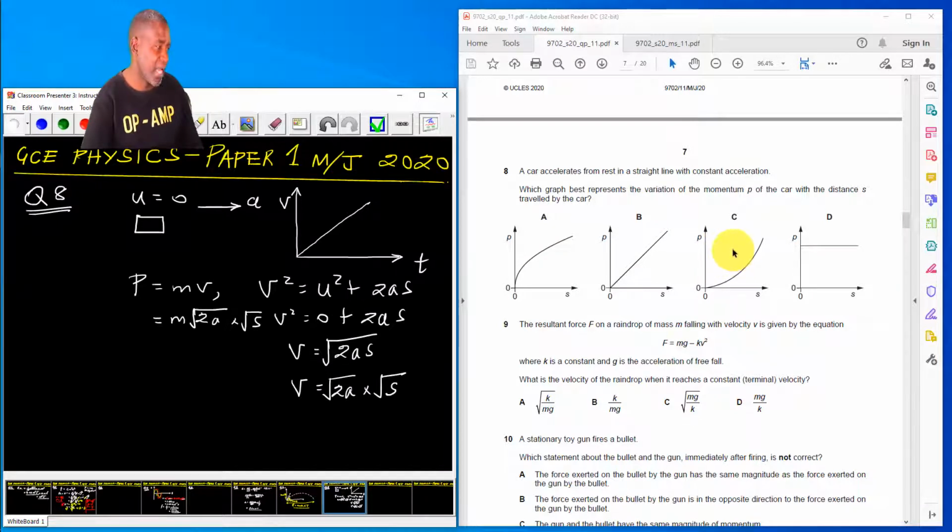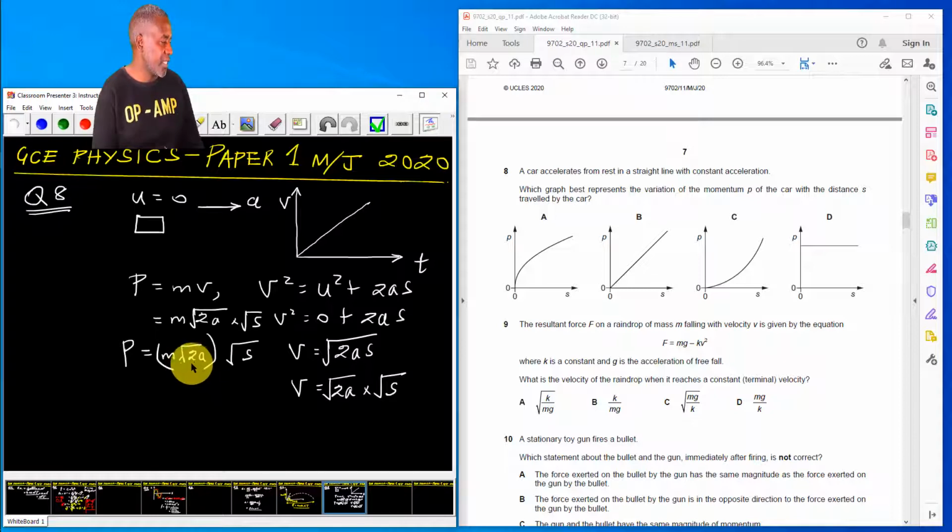Because obviously our answer is either A or C. So our equation, we have said P is going to be equal to, the constant here will be m square root of 2a times the square root of s.